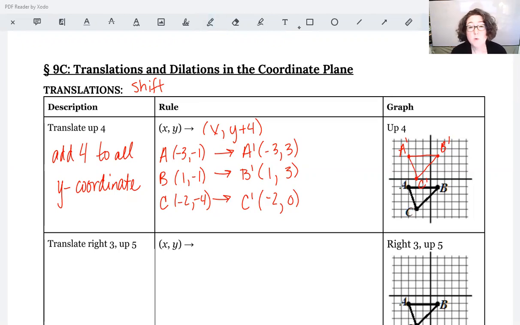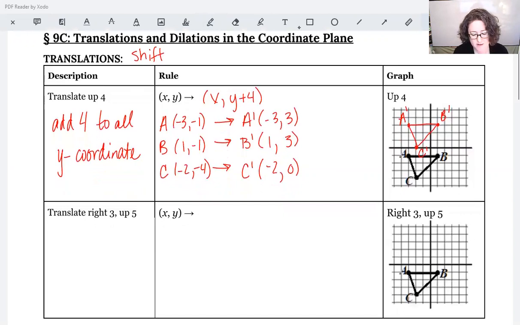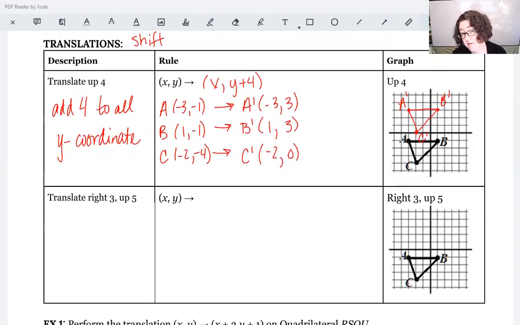That being said, when we look at translations, it's not just moving up or moving right. Usually it's a combination where we're going to slide it diagonally up to the right, down to the right, up to the left, down to the left, whatever we need for that scenario. So let's look at one where we're doing 2 transformations. This one is translate right 3 and then up 5.